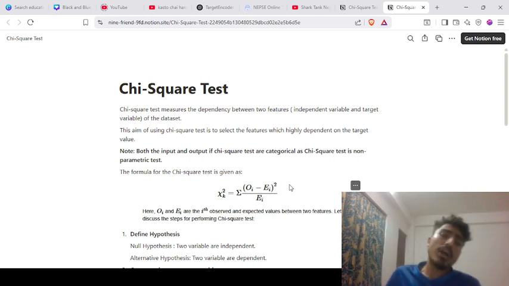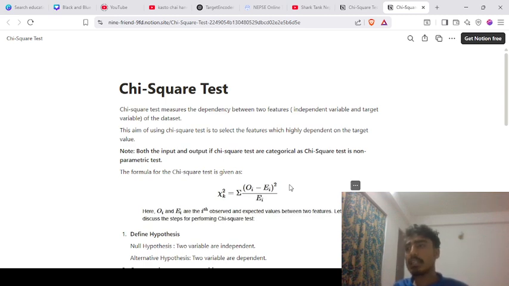The reason behind using the chi-square test is that we're gonna test the dependence of the variables with the target variable using one entire dataset which I have already prepared in my Kaggle notebook.